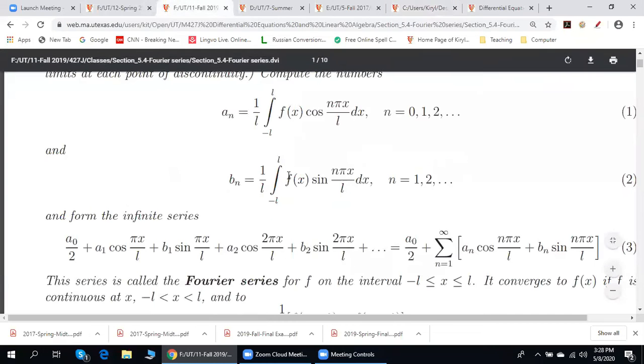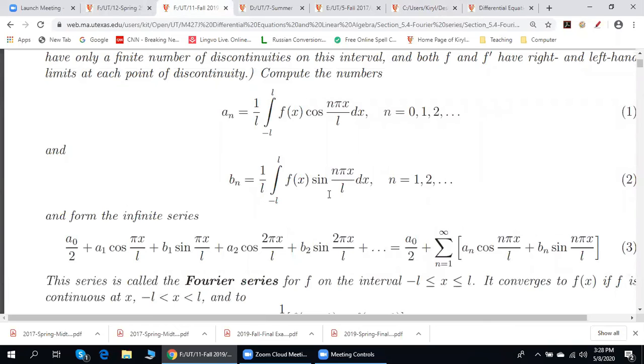And now, going back to our formulas, if f of x is even, then the product here is odd. And since we integrate over a symmetric interval, all these will be equal to 0. Therefore, all sine terms will disappear. What is left is a0 over 2 plus an infinite combination of cosines only.